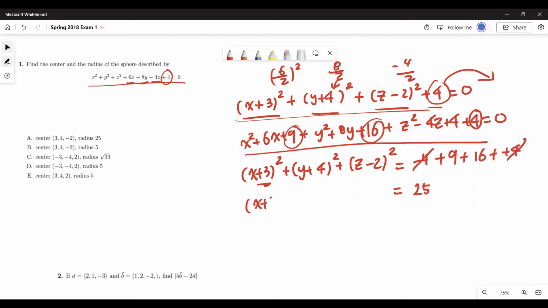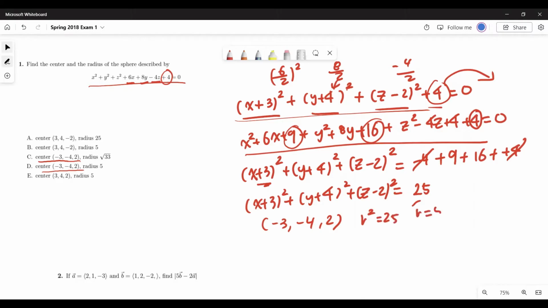Now you see the center is negative 3, negative 4, and 2. And the radius squared is 25, so r is 5. So the answer for this question is D.